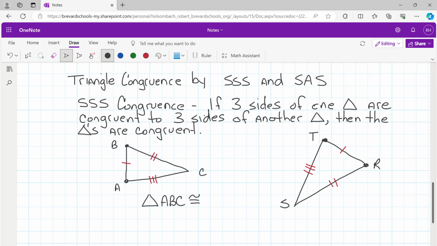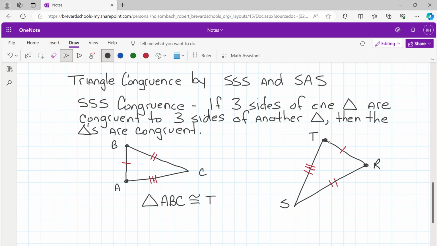and this vertex A, do you see how it's formed by 3 tick marks and 1 tick mark? Since A is formed by 3 tick marks and 1 tick mark, then the angle that would end up being congruent to that is the one in the other triangle formed by 3 tick marks and 1 tick mark. So we have to use T first.